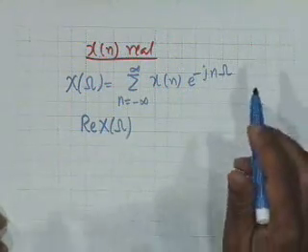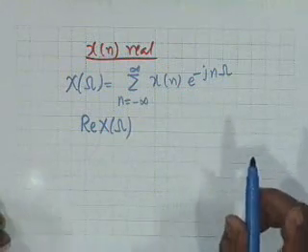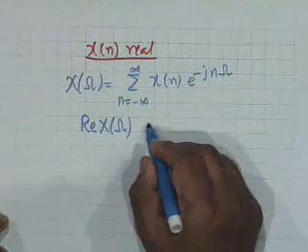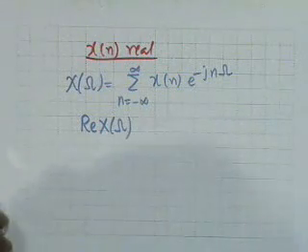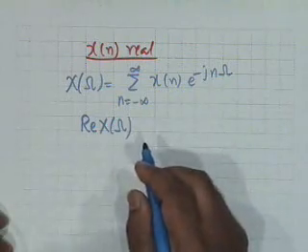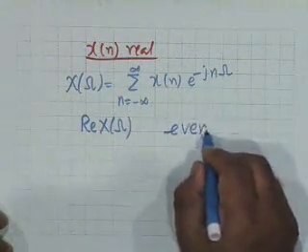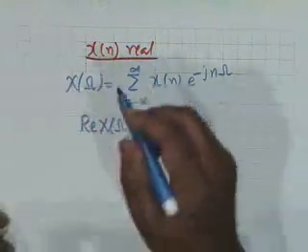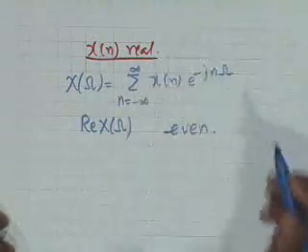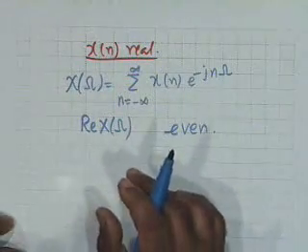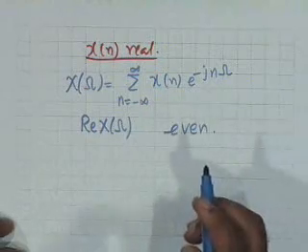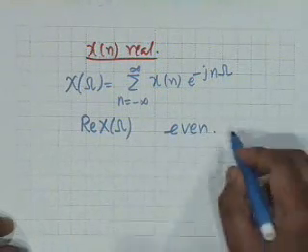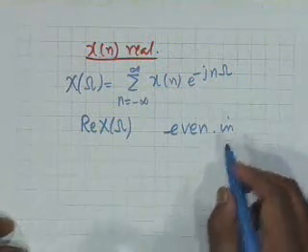And what is cosine of n omega? It is a real function and is even, alright, and therefore the real part of X of omega of course has to be real, isn't it? By definition it is even. The important property is that if x of n is real, then the real part of its spectrum is an even function. Even function of, even in what? Omega, alright, not in n.